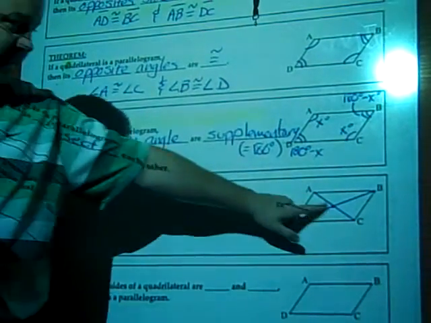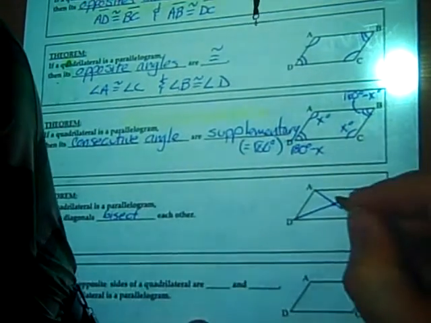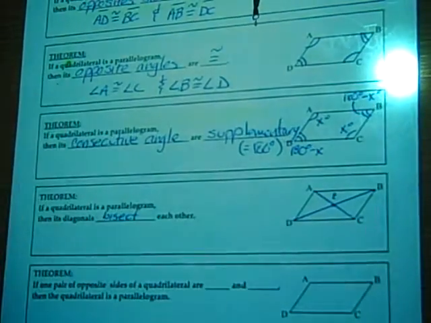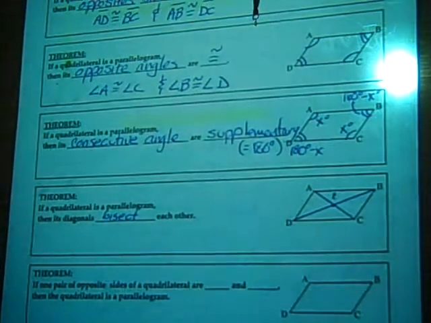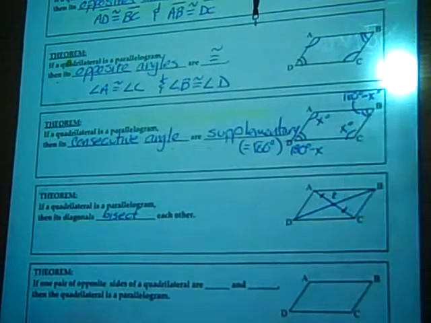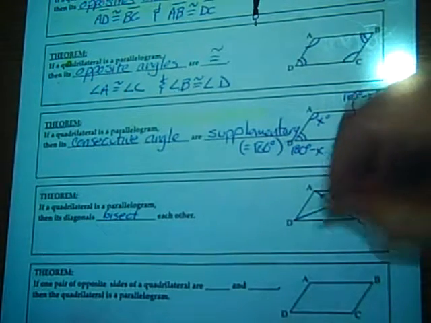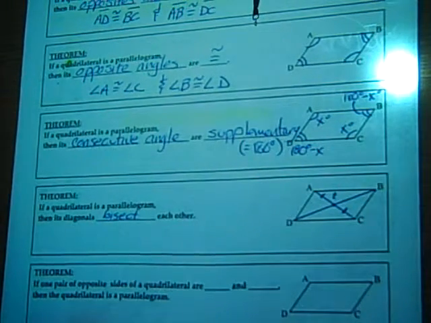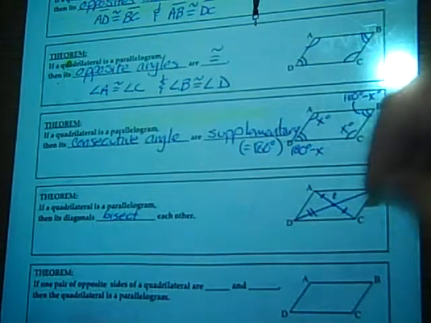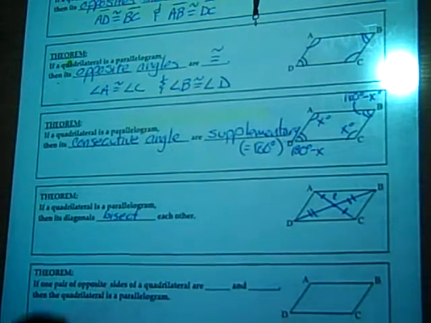So as we look at this now, I'm going to name the point where the two diagonals cross as E. This is going to help us just see what's going on. So AE is congruent to CE. Also, the diagonals bisect each other, so DE is congruent to EB.